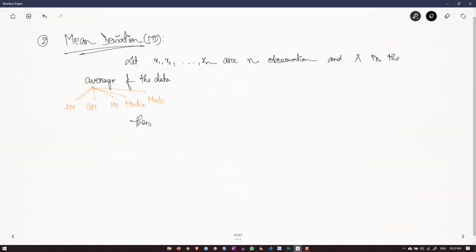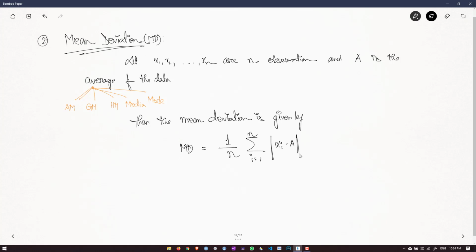Then the mean deviation is given by MD is equal to 1 by n summation i goes from 1 to n modulus of xi minus A, and this sign is called modulus.